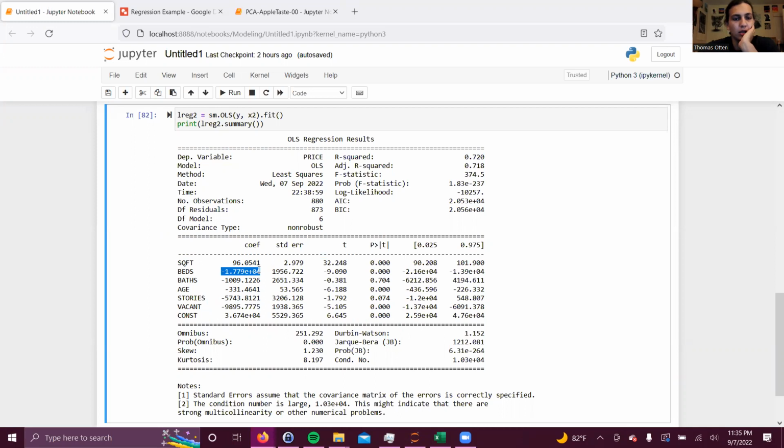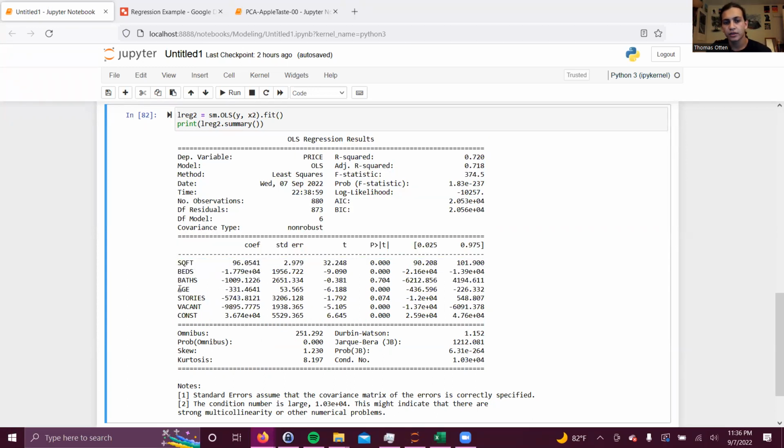So that means it would be 100 times 96 dollars more, minus $17,000 times 1, and so you're getting kind of a balancing act between bedrooms, right? If you buy a house that's a tiny house and has 8 bedrooms and no living room, you probably wouldn't want to buy that house. But it's kind of implying this relationship here, and you just kind of have to guess on that.